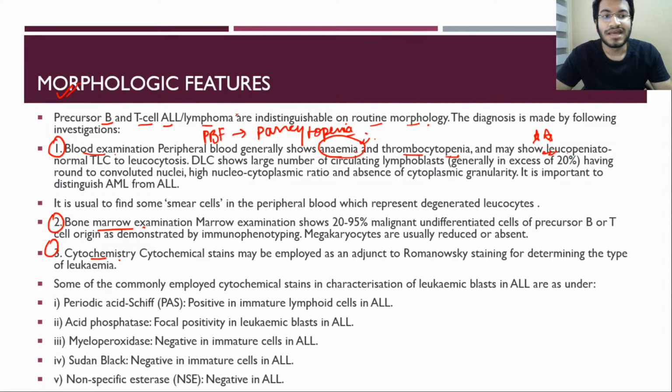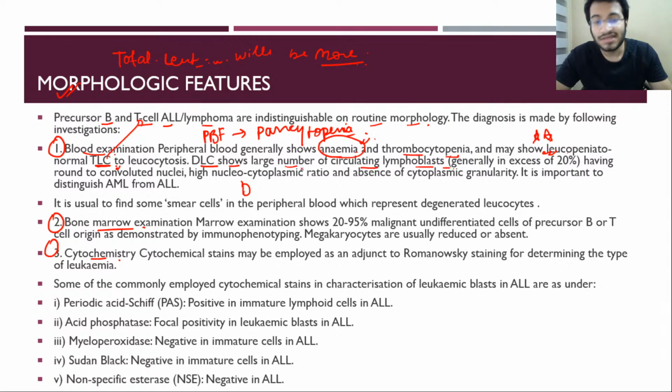And the ratio of TLC, the total leukocyte count, will be more, and DLC shows a large number of circulating lymphoblasts. So DLC is the differential leukocyte count.